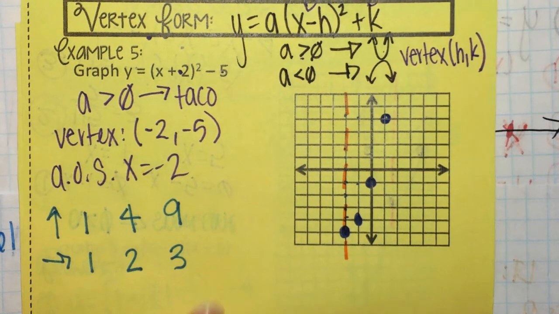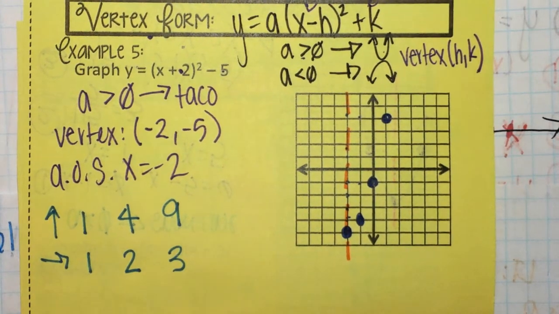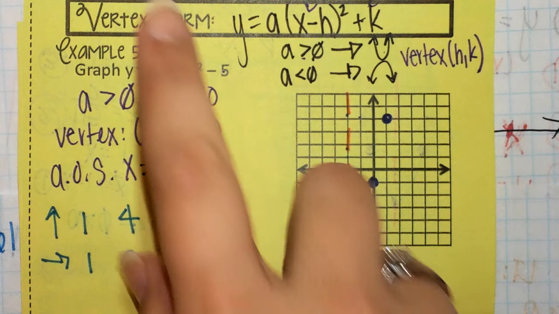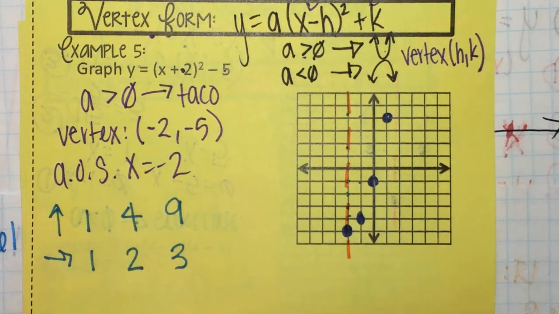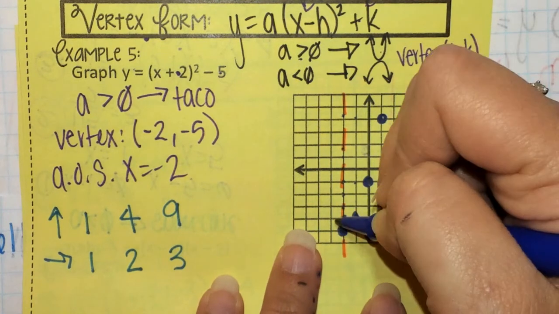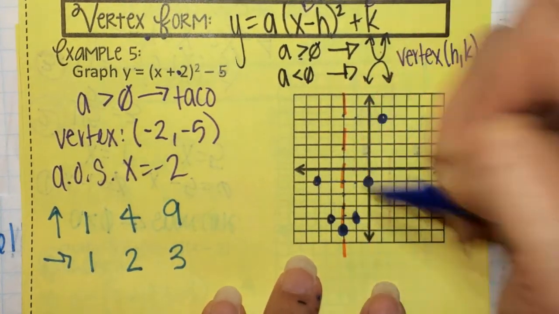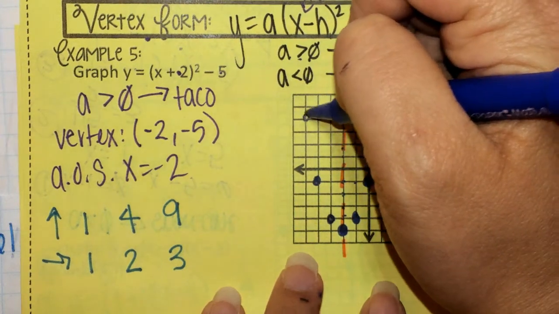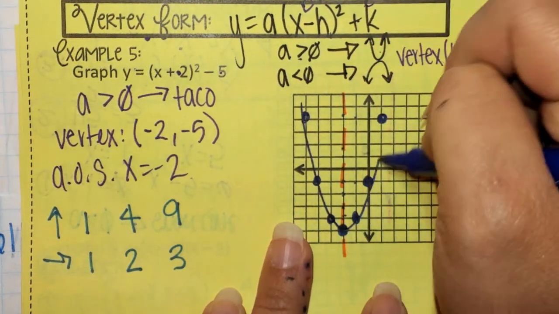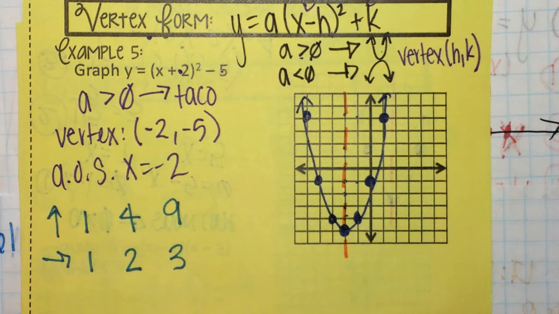Do you always use this stuff? Yes. Always. When there's a 1 out front, always. I'll show you what to do when there's a number out front. Now we need to do the same thing on the other side. So up 1, left 1, up 4, left 2, up 9, left 3, and then we connect and we have a parabola. It's magic.